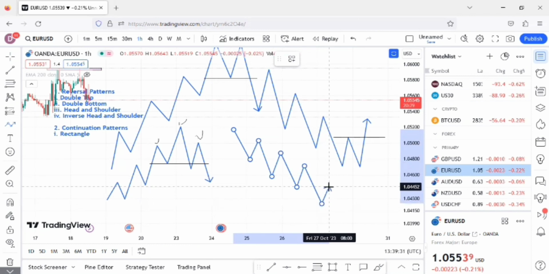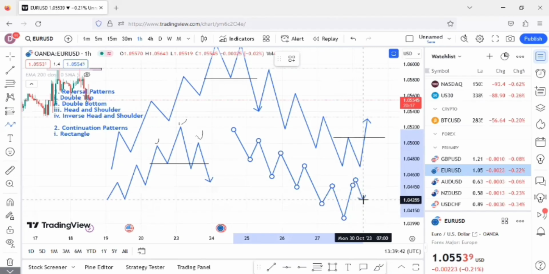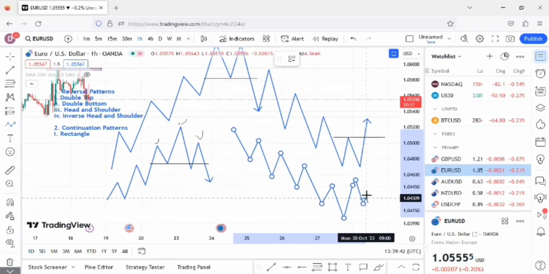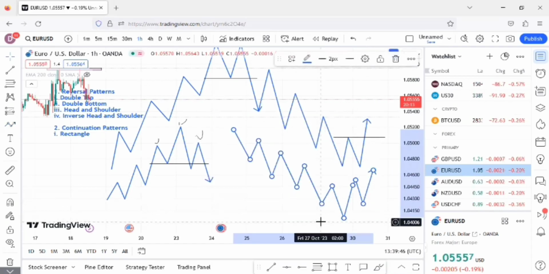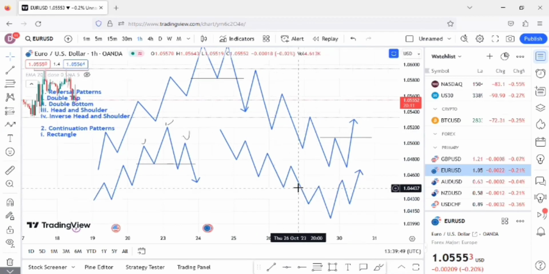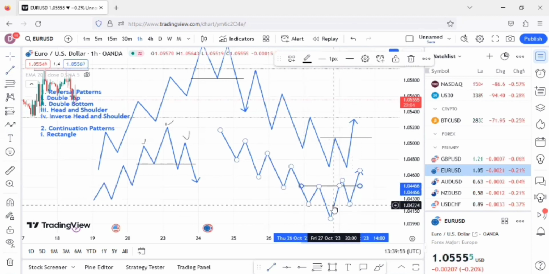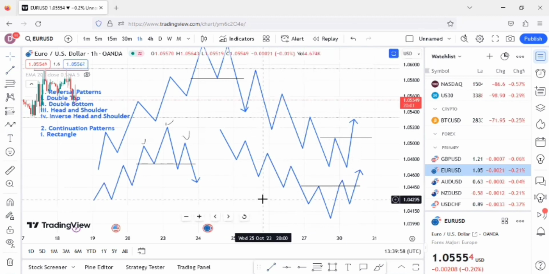Then all of a sudden you have an equal low, either a little bit above or equal, then you have this, then you have this. Anytime you see this in a downtrend, it signals a reversal, and this is our neckline. The neckline is very, very important in all these patterns.